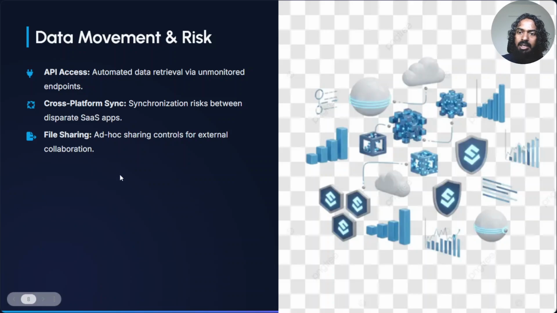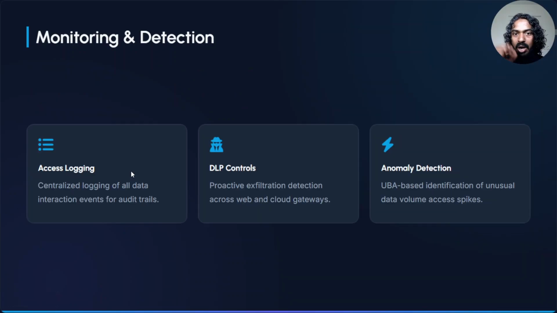That's why now the big one, visibility, right? If you cannot see how data is being accessed or how data is being moved, you are operating just on assumptions. So we monitor access patterns, unusual downloads, data transfers, even behavior anomalies.